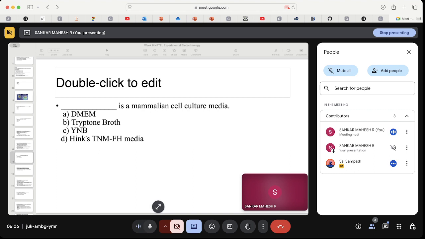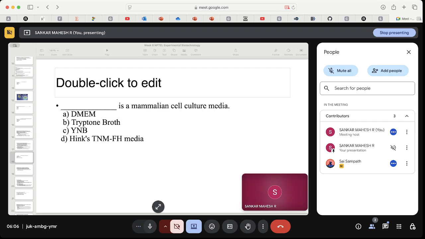Okay, what else do you know about this? What kind of cells can be grown on this? Mammalian cells. Okay. And any idea about the carbon source here? Glucose, the energy source is glucose. Yes.